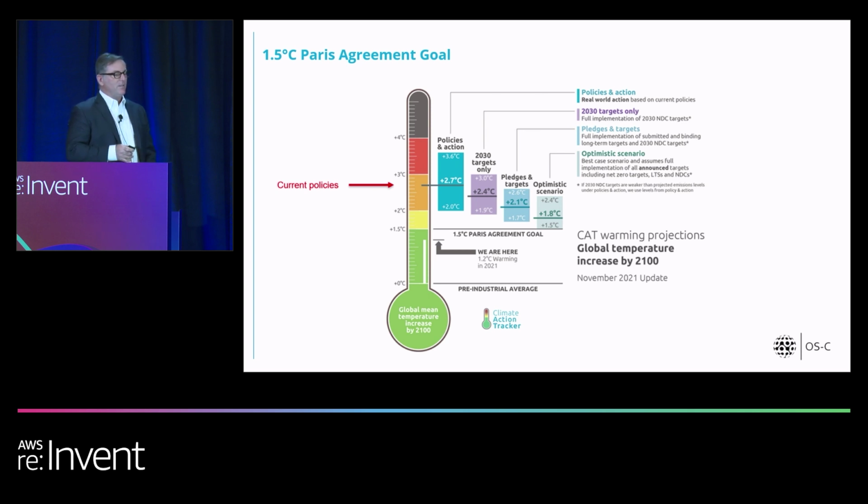And what it did is it established the goal to limit global warming to well below 2 degrees and preferably 1.5 degrees Celsius by 2100, compared to pre-industrial levels. Unfortunately, under our current policies, we are now on track for 2.7 degrees.